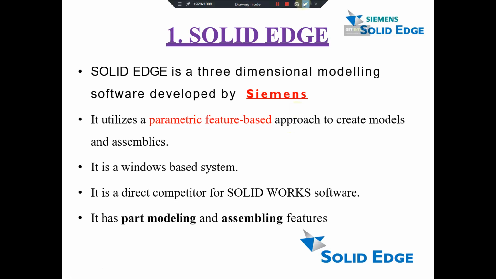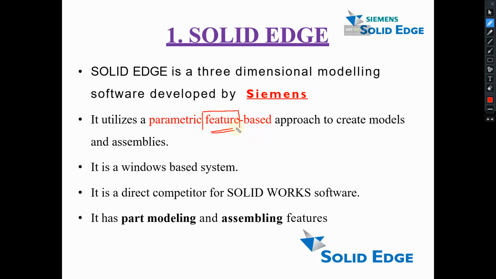So features, as we mentioned, features are those options which we use to create a three-dimensional model. Like extrusion is there, then you can create a hole, you can create screw threads. So all those features, all those options, we call it as a feature. The options which we perform on a three-dimensional geometry are known as features.